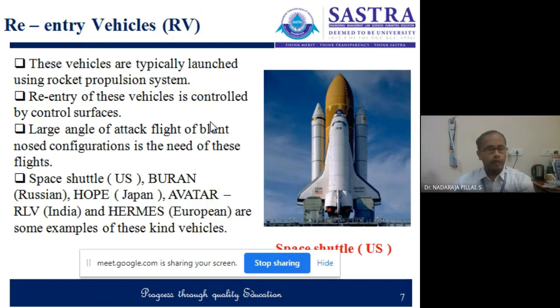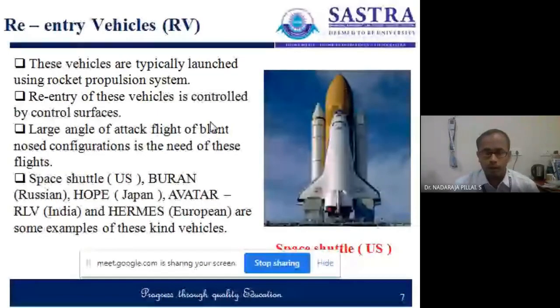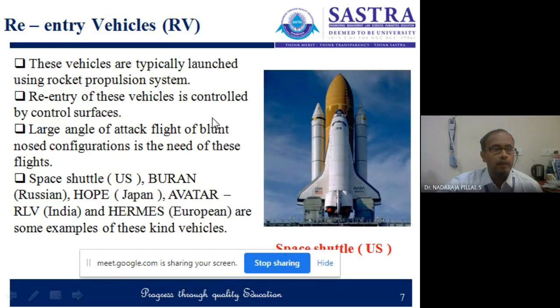The second one is that it is controlled by control surfaces. Third, large angle of attack. The most examples we can say are the space shuttle from the US, Buran, the Russian one, Hope, the Japanese one, Avatar, the Indian reusable launch vehicle RLV, and Hermes of the European Space Agency are some of the examples for the re-entry vehicle.